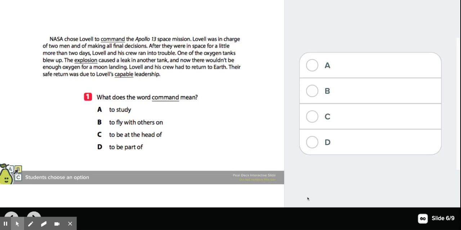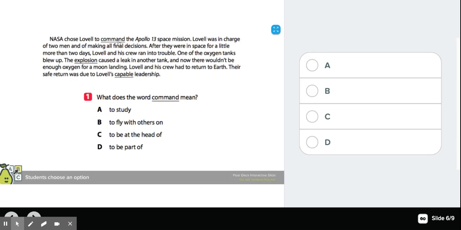Question 1 says, what does the word command mean? So I'm going to go back to the text and read the sentences and the words around the underlined word command. It says, NASA chose Lovell to command the Apollo 13 space mission. Lovell was in charge of 2 men and of making all final decisions.